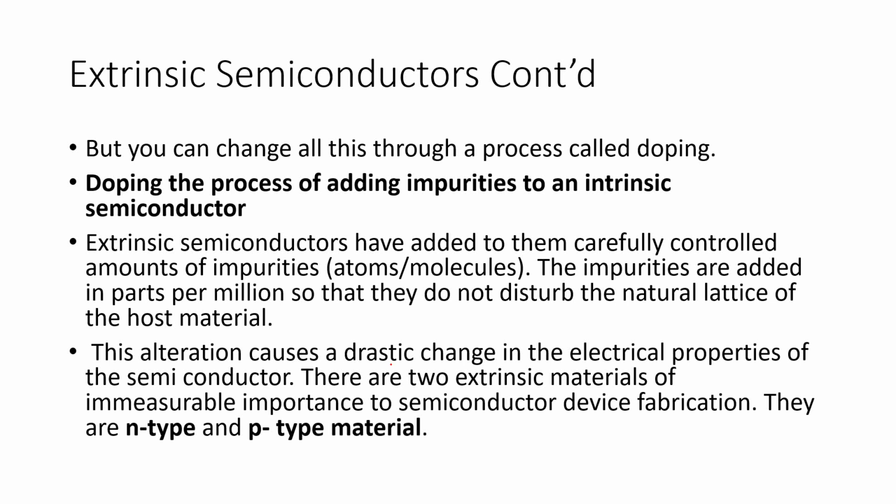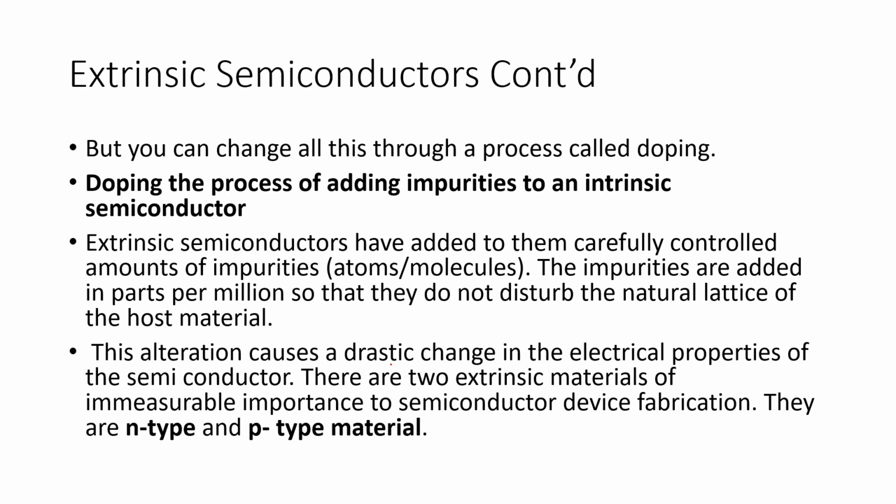There are no free electrons to allow electricity to flow, and we know that electricity needs electrons to flow. So in order for us now to manipulate the semiconductors is by creating what we call extrinsic semiconductors.